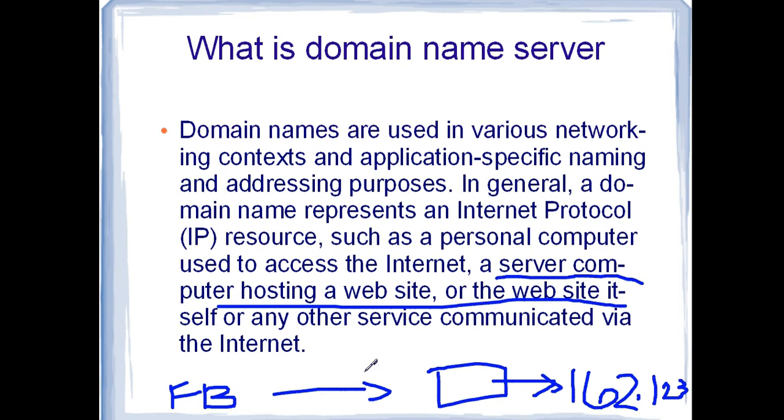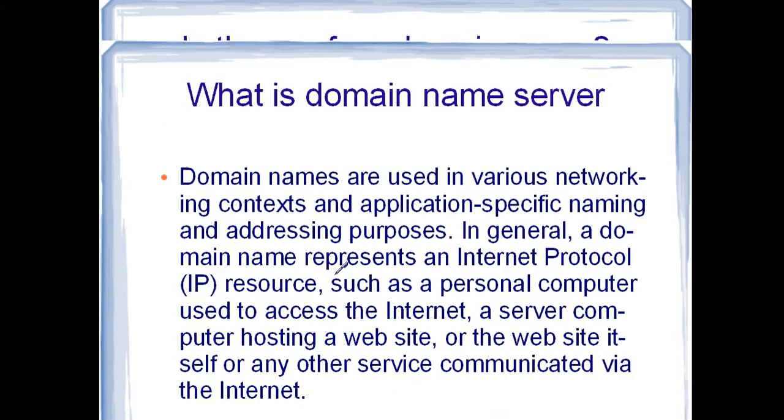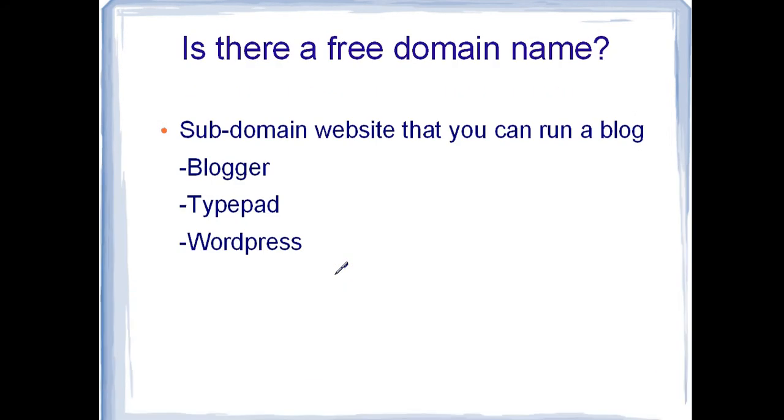Is there a free domain name? Yes, there is. But with a free domain name, you actually run your domain name as a subdomain of a website. Commonly these are blog websites like blogger.com, typepad, and WordPress.